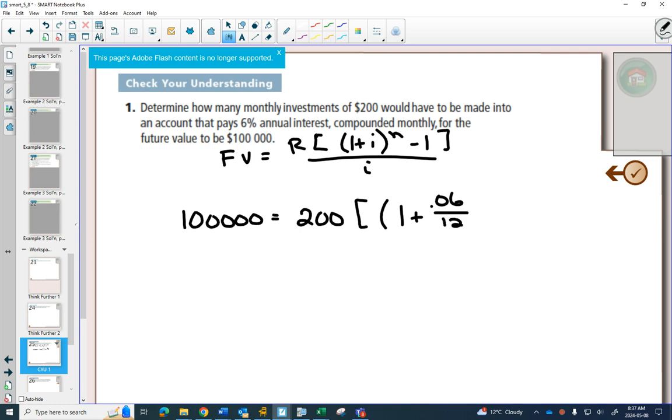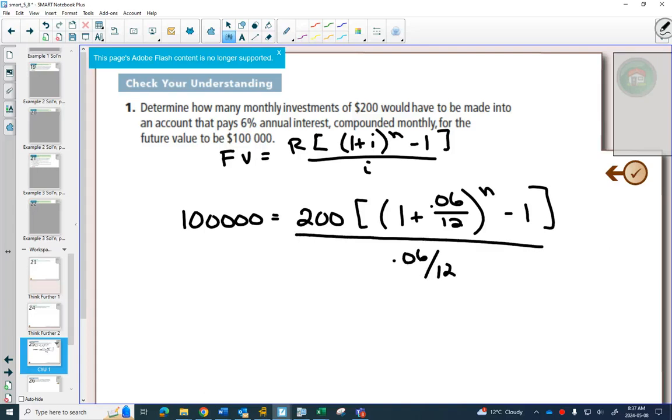So the I is your interest rate per compounding period, divided by n again. So the start is just, can we put all of the stuff into the formula? And now we want to solve for n. And n is an exponent in a power.